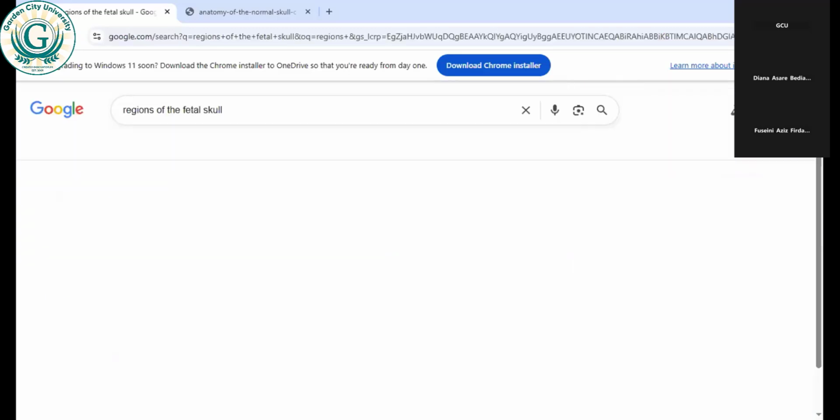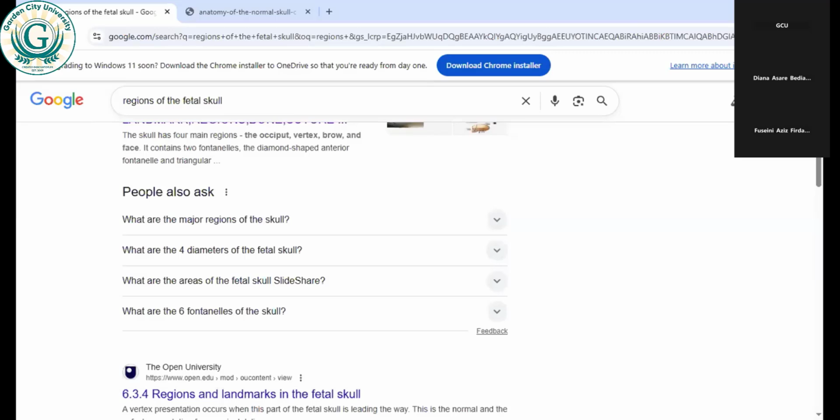The presenting diameters of the head are those that are at right angles to the curve of Carus of the maternal pelvis.